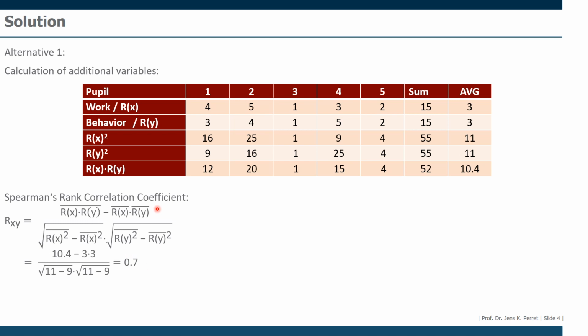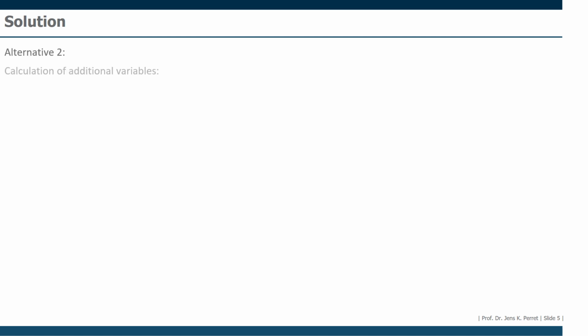Well, that was the classical version, the classical alternative, which always works, even if we were to have ties. Now let's turn to alternative 2, which only works if we have a situation like this here, where in each case we have each rank assigned only once. So that's alternative 2.